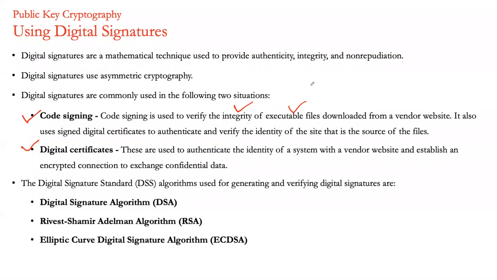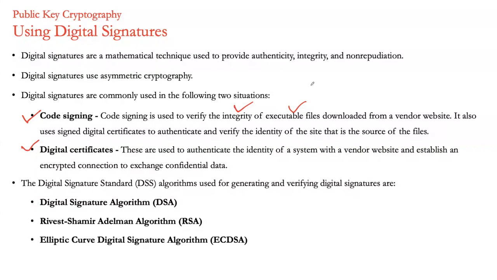This is what you find if you are using any legalized software. Along with that software, you will find a product key. If you supply that product key, it undergoes the digital signature process. We call that the code signing process.